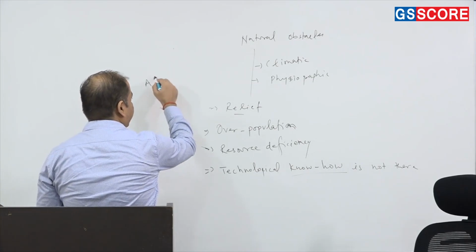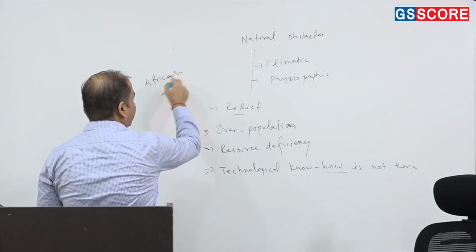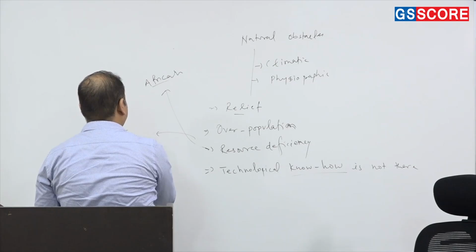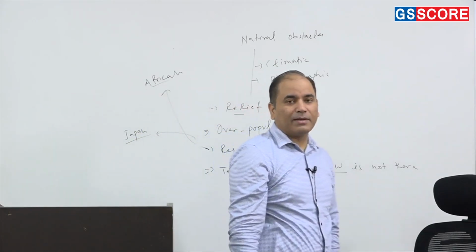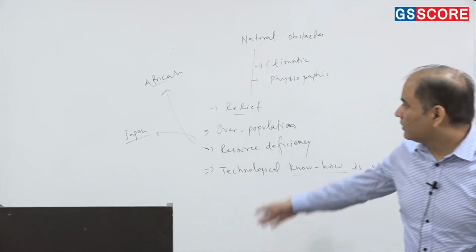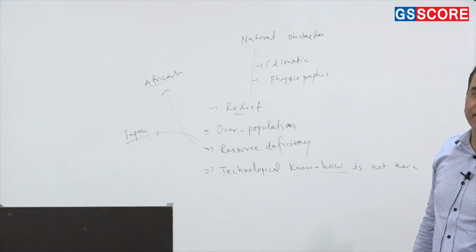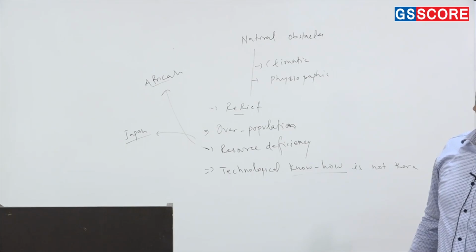Yes, resource deficiency is there. So, you can have two very classical example, African countries and you can have Japan. Both the places you will have less resource, but look out the development. So, Japan is highly developed. Why?